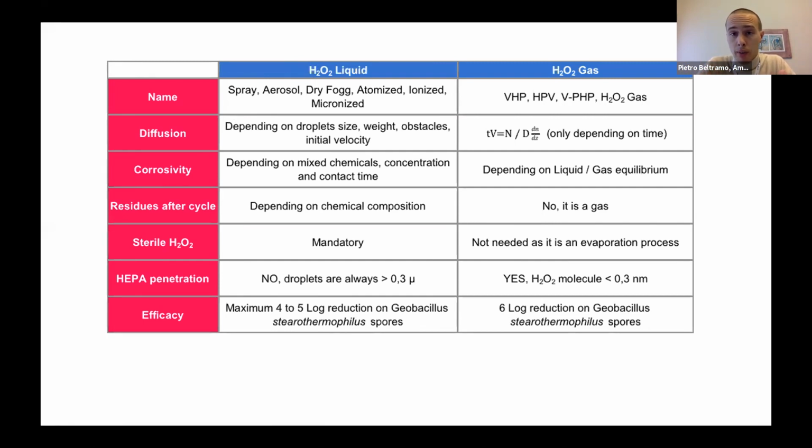In that case, it's not the method, because to make H2O2 vapor, a gas from liquid phase H2O2, there is only one method.